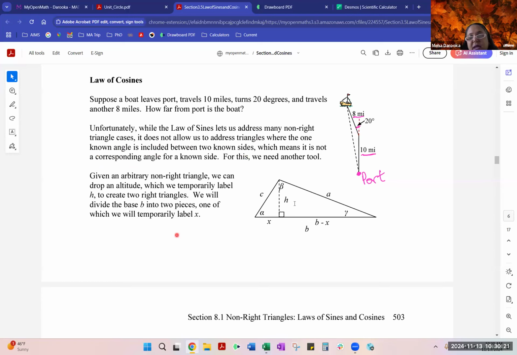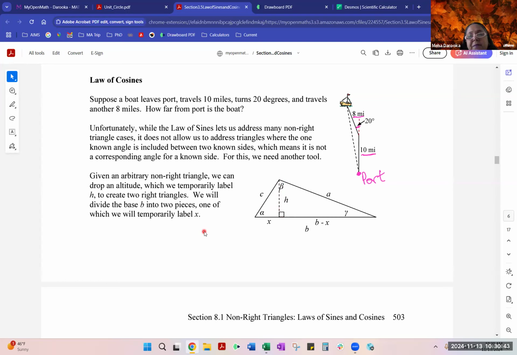So again, they're just saying, okay, we have this random, arbitrary, non-right triangle. We again drop that perpendicular from the top vertex to the base of the triangle. We're calling that height, h. And basically, again, you will see it breaks it up into two right triangles, each of these right and left parts.